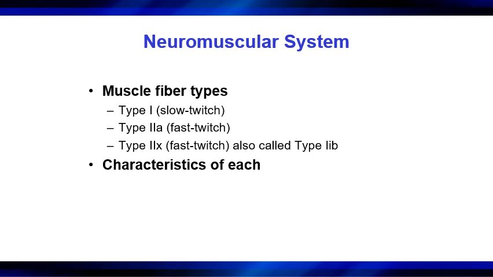I want you to look at that and see what the characteristics of the fibers are, and think about what that would mean as far as their functional capacity. Okay? So make sure you review that. If you're just taking notes for right now, take a note to go back and look at that, or pause this and take a look at that and see if you can understand the different levels of each.